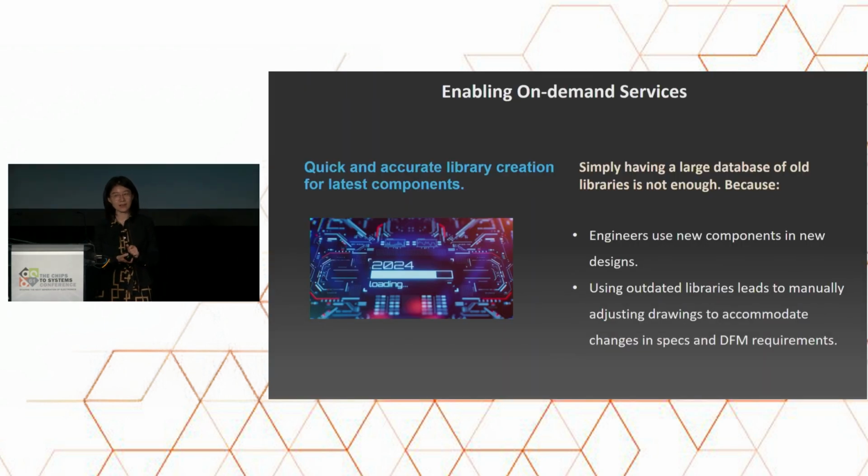The biggest impact of this transformation, I would say, is the ability to quickly and accurately create a library for the latest components. This is truly a benefit to the design engineer, because when engineers use new components in their new design, they no longer need to pull out all the library files and make manual modifications to accommodate the changes in the current spec or the current design for manufacturing requirements.